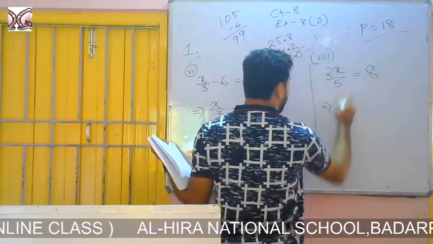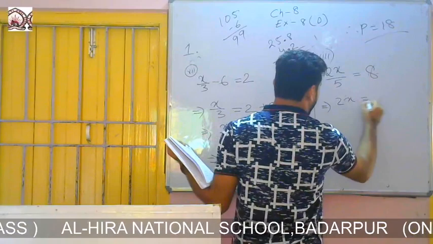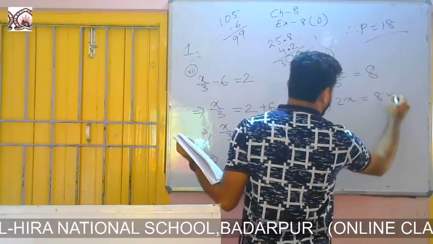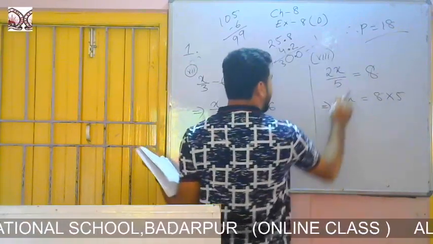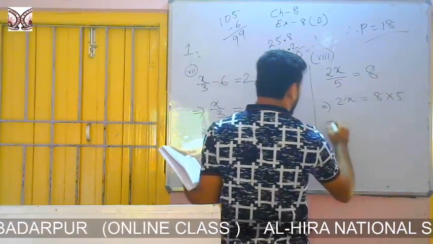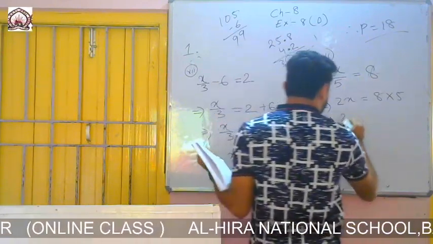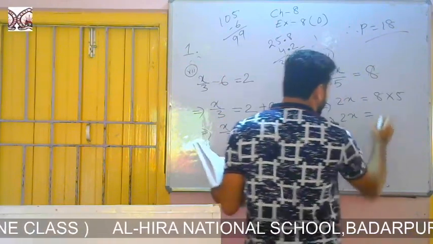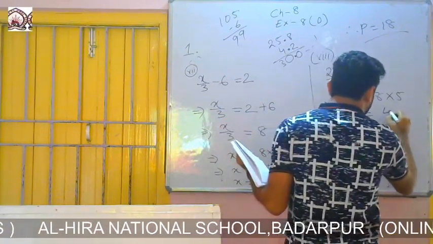That means 2x equals 8 into 5, because if I take it to the right side, it will become multiplication, because here it is in relation with division. So I can write 2x equals 5 8s are 40.